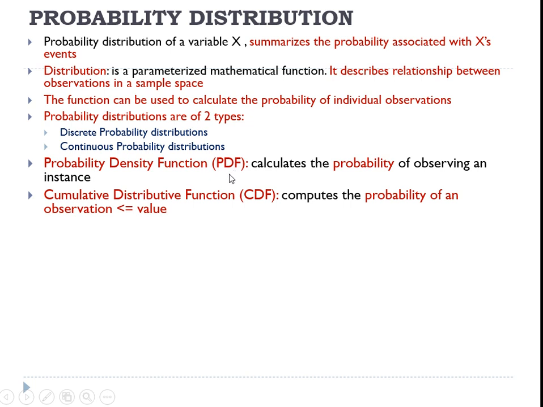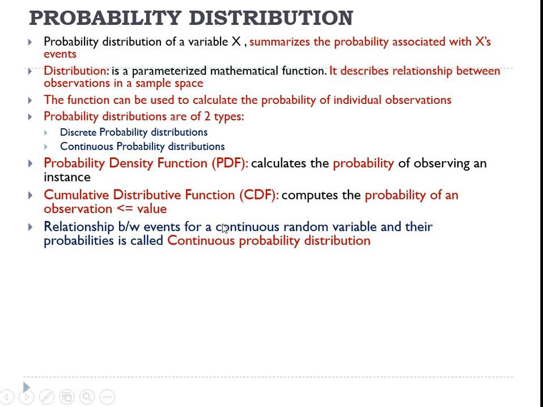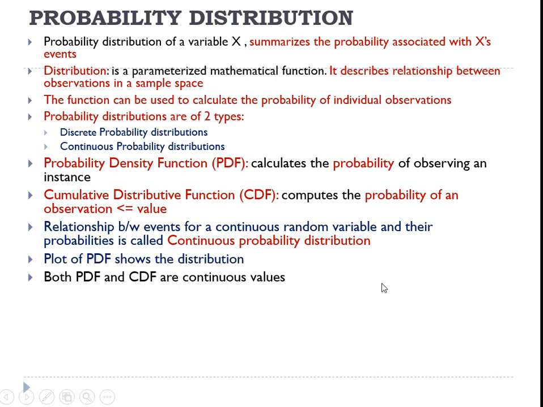PDF stands for probability density function, which is used to calculate the probability of observing an instance, whereas the cumulative distribution function, or CDF, computes the probability of an observation which is less than or equal to the value. A continuous probability distribution basically gives a relationship between the continuous random variables and their probabilities.